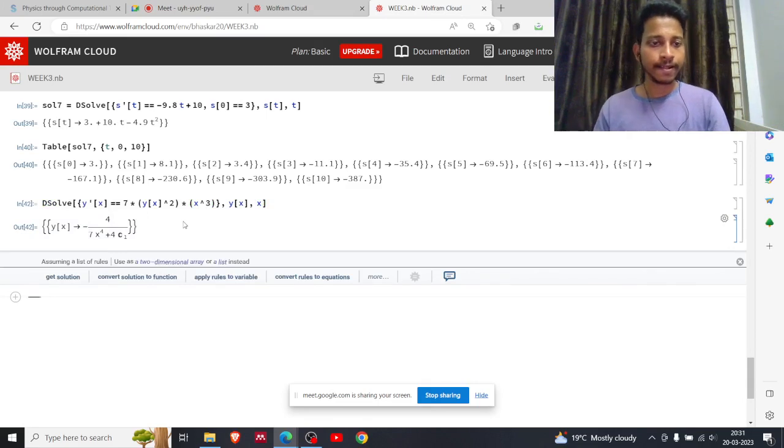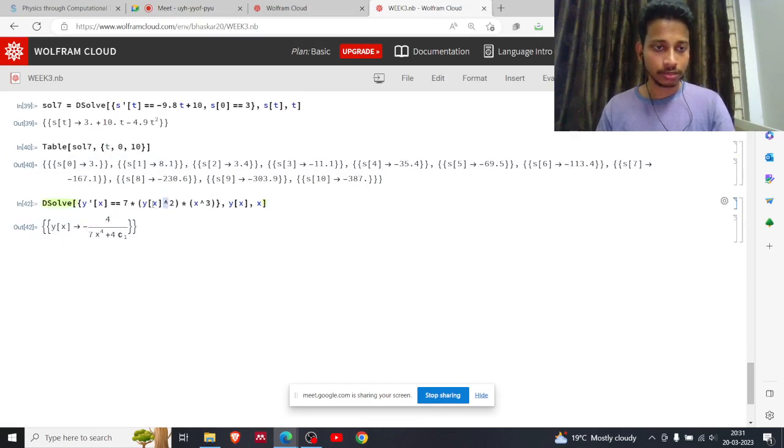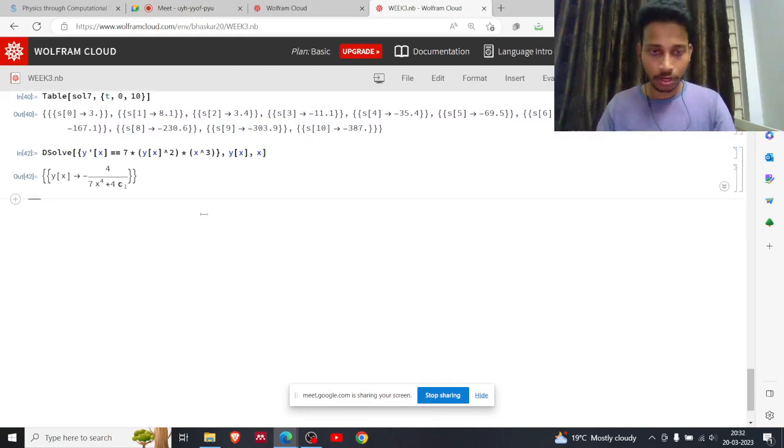Actually these things like y[x] to the power 2 and x to the power 3, all these should go in the superscript, but I don't know why it is not working here. I have tried all these examples in the desktop version and it worked very well. I was also trying. Yes, it is not taking in the web version, sir.